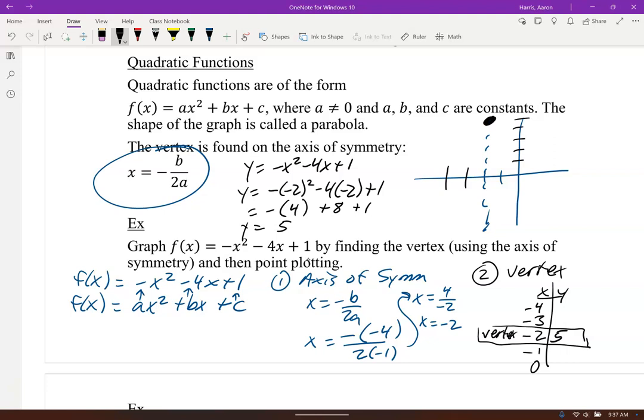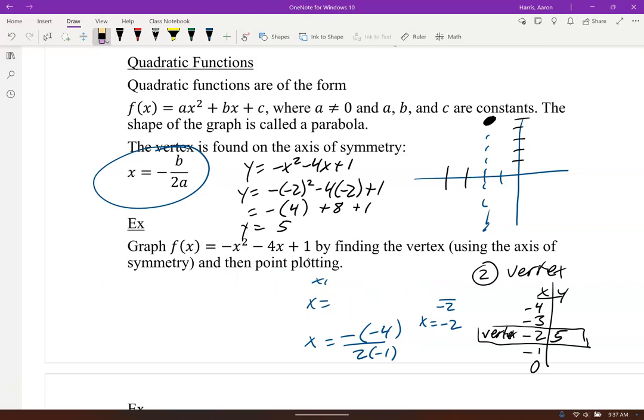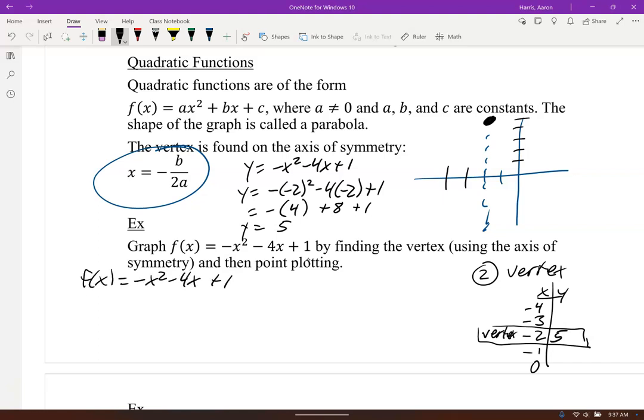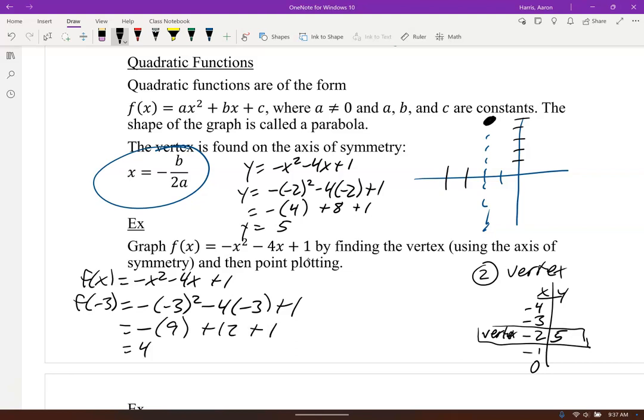Now if I plug in -3, let me get a little room here. So I want to plug these x values in one by one. I go to the left of -2, so -3, -4. Go to the right and so on. So here's f of x, -x squared minus 4x plus 1. If I plug in -3, -3 squared is 9. -9 plus 12 is 3, plus 1 is 4.